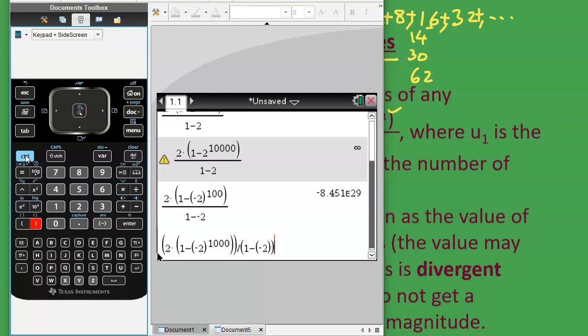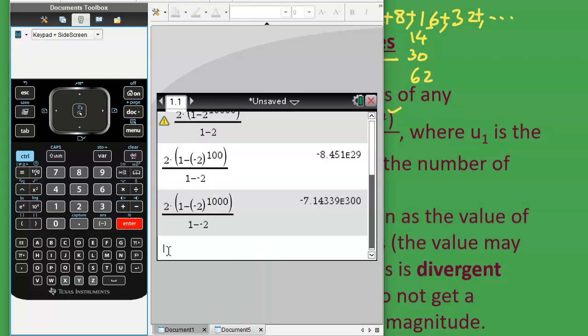What is the value? It is negative 7.14339 times 10 to the power of 300. From 10 to the power of 29, it has moved up to 10 to the power of 300. Such a large negative number.